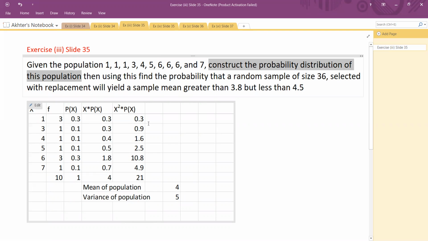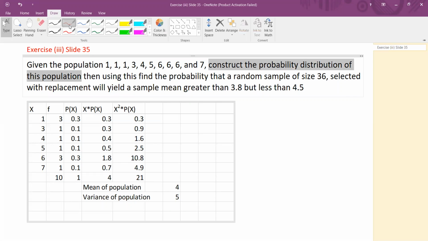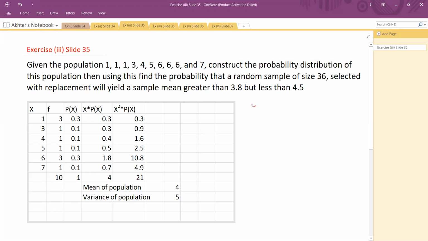Now with the help of this, we have to compute the mean and the variance of the sampling distribution of mean. According to the first theorem, the mean of the sampling distribution of mean is the same as the mean of the population, mu, which was 4.